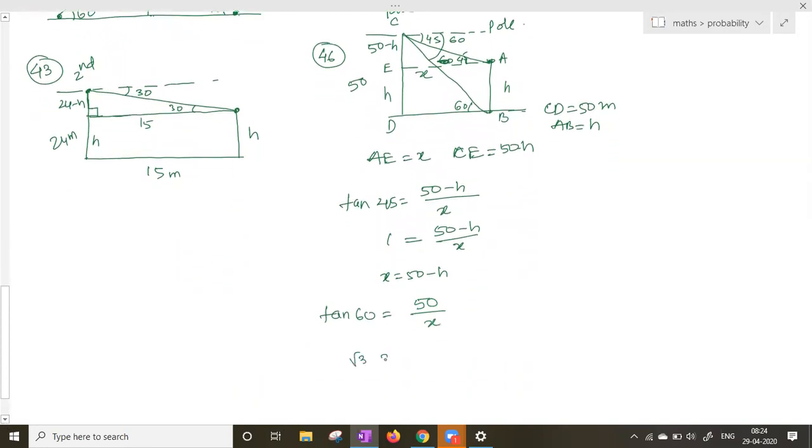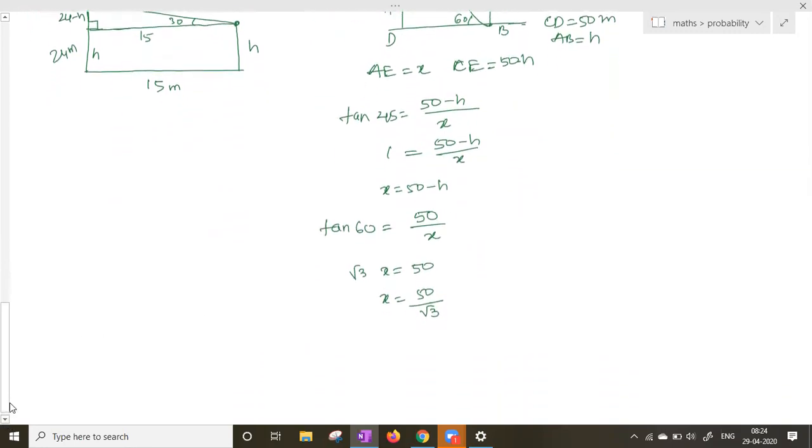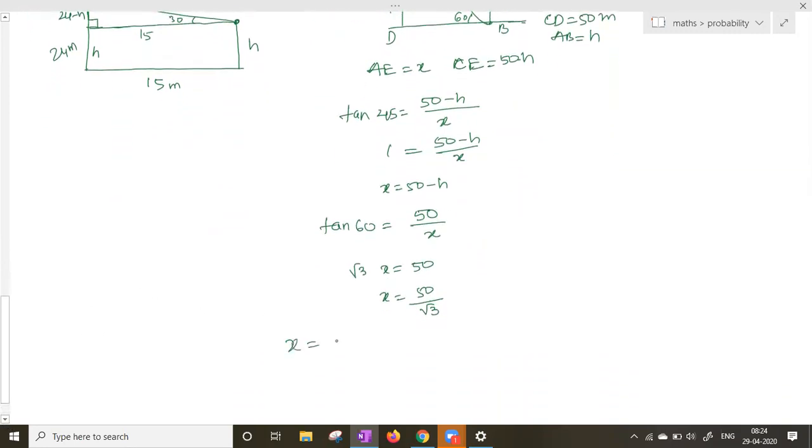So root 3 into x is equal to 50. x is equal to 50 by root 3. Substitute this value in the earlier equation: 50 by root 3 is equal to 50 minus h.